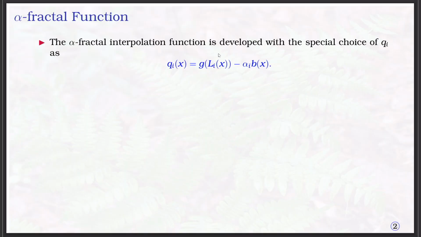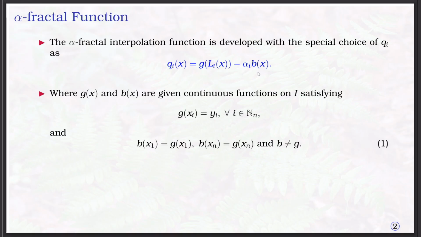Now, the alpha fractal interpolation function is developed with a special choice of Qi in the form given here. We know that the fractal interpolation function f is generated by the fixed point of the operator phi. Phi of f will give us f. For generating this fixed point, we need to construct a certain type of iterated function system.